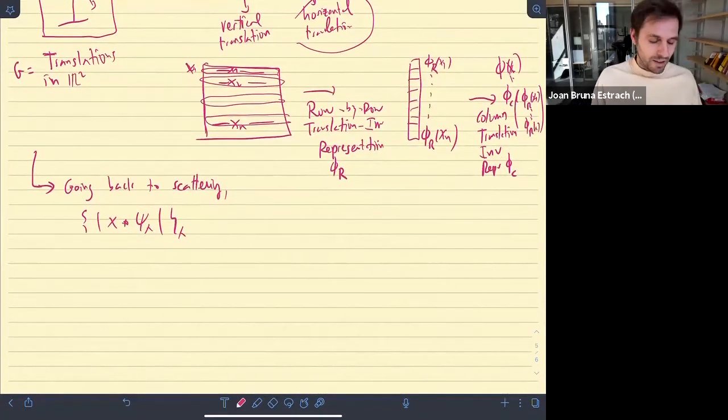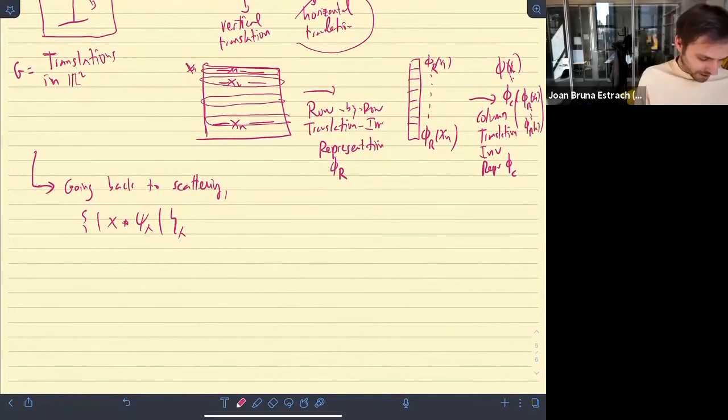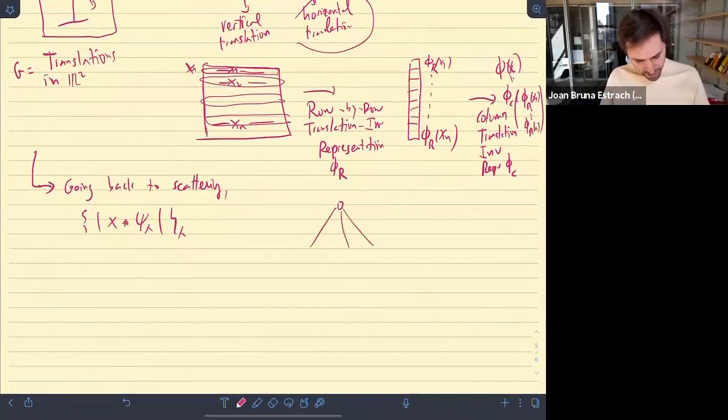But it's also something that we have in the scattering I presented, because remember our problem is that we started from this X indeed. But at any point in the transform, we replace these inputs by this family of channels, right? We have this guy, and we have all the different wavelets.